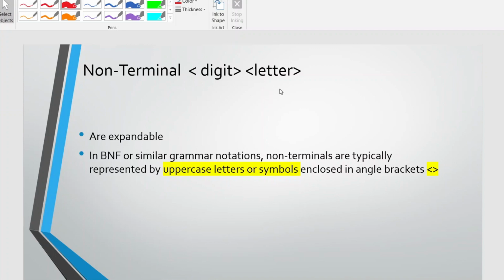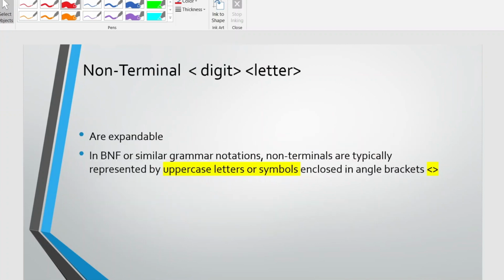So I'm expanding the definition of these meta variables. Whatever is written inside these angle brackets, we can call the meta variable. Because what is metadata? Metadata is data about data. It is defining another data. So when I say that digit can be 0 till 9, I'm expanding the definition of digit.